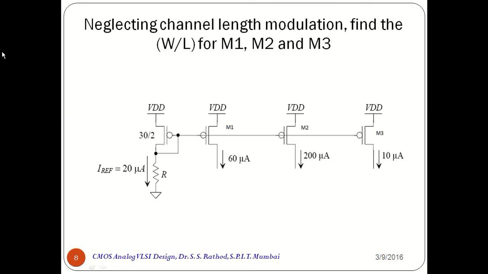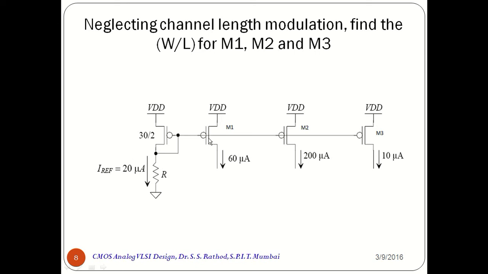Now the next question is, neglecting channel length modulation, find the W by L for M1, M2 and M3 transistors. So here 30 by 2 is the W by L given for the first transistor, and the reference current is 20 microamperes.